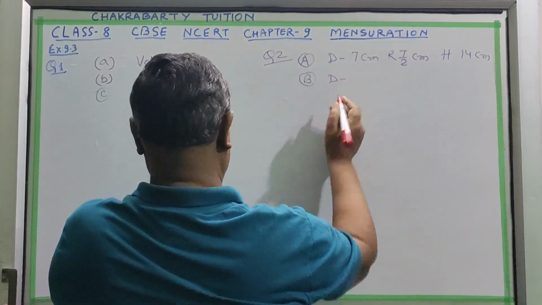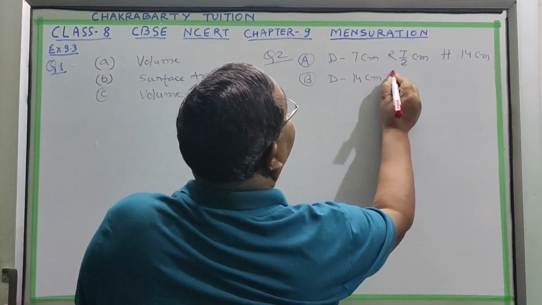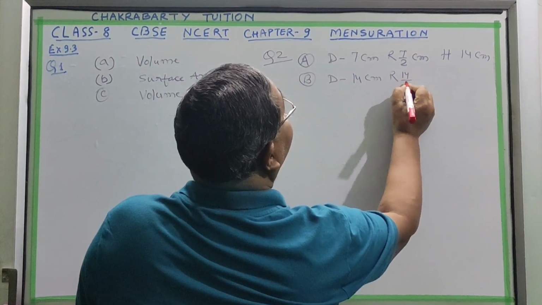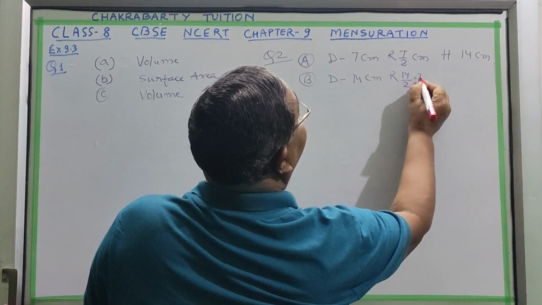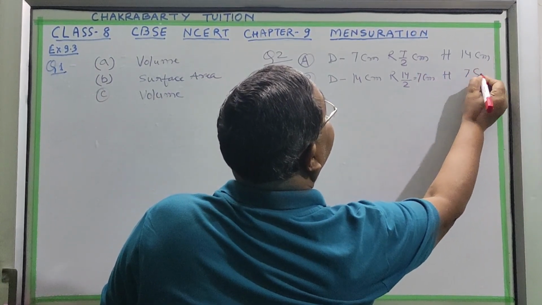The other has diameter 14 centimeter, so the radius will be 14 by 2, which is equal to 7 centimeter, and the height is 7 centimeter.